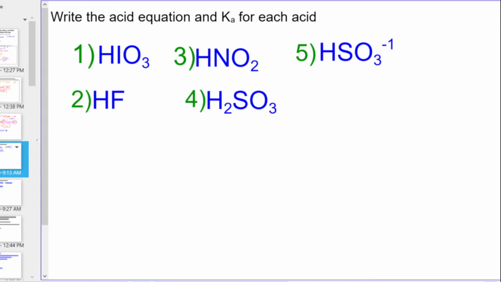Yeah, put H3O plus here. He said water here, so get that out. No, it says water.